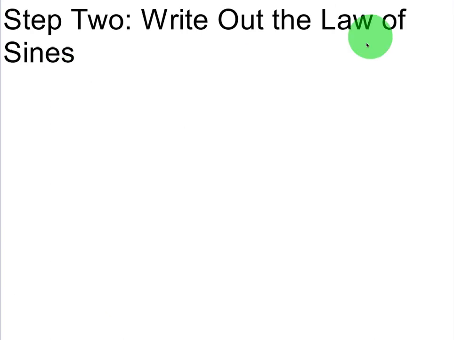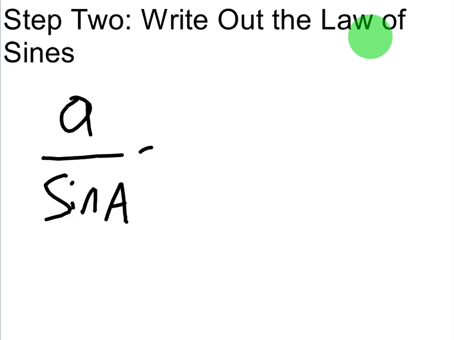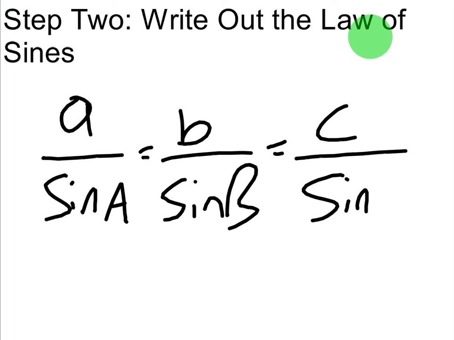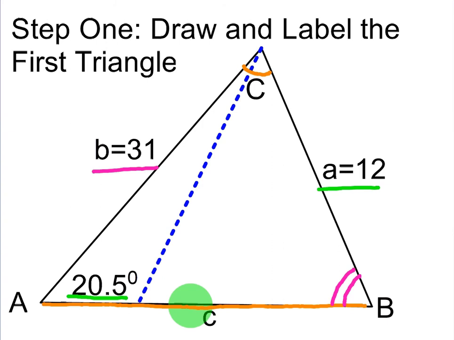Now we're going to write out the law of sines. So it's little a over sine of big A equals little b over sine of big B equals little c over sine of big C. Now the question is, what do we know here that we can solve for? We know little a, we know big A, and we know little b.